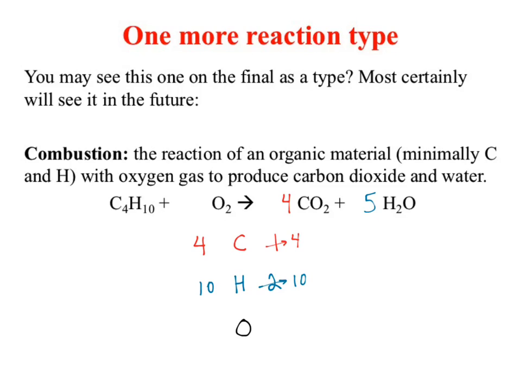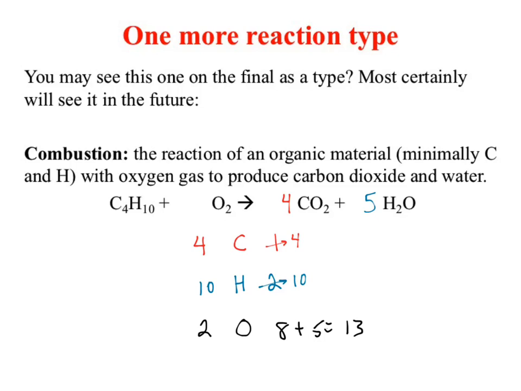We save that one for last because oxygen shows up in 3 different places. That makes it difficult to balance. So what we're hoping by saving it for the end is that everything else balances out and the oxygen is now done on its own. We don't have to worry about it. Oxygen's 2 on the left. 2 oxygens on the right. 8 plus 5 equals 13.